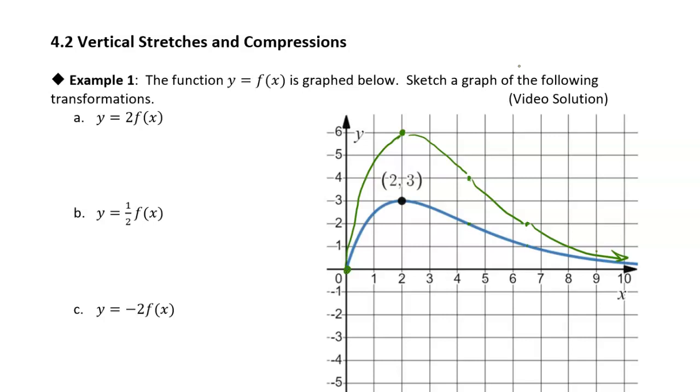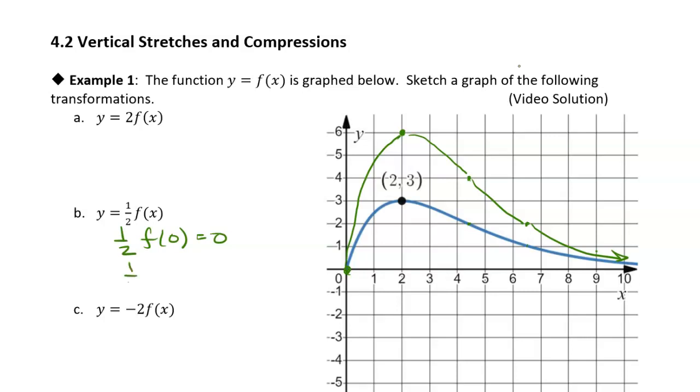All right. Now here we're multiplying by a half, right? So now we're going to take the output of the function and take half of it. So again, 0, 0, right? When f of 0 is equal to 0, half of f of 0 is still 0. So that's fine.